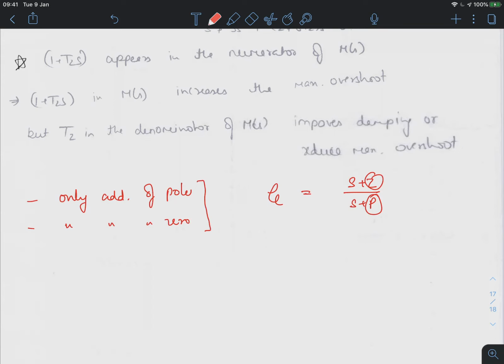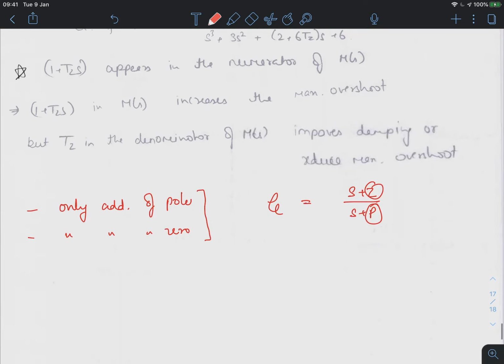We shall analyze this while designing the controller. But the important point to note here is how the transient performance is impacted if I add only poles, and how the performance is affected if I only add a zero, either in the forward path or in the closed loop transfer function.